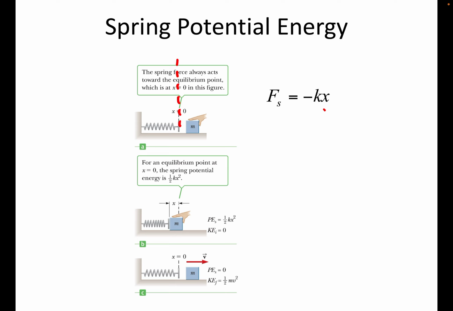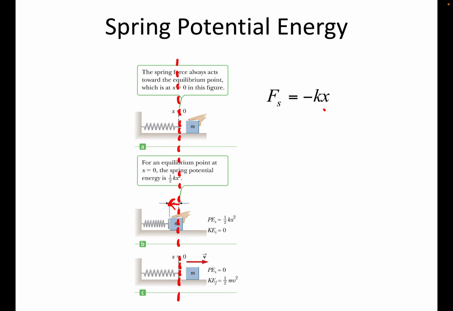So here, let's set the equilibrium point to be here. At the equilibrium point, the spring doesn't have any spring force. And if we press the spring, the spring will have a displacement to the left.